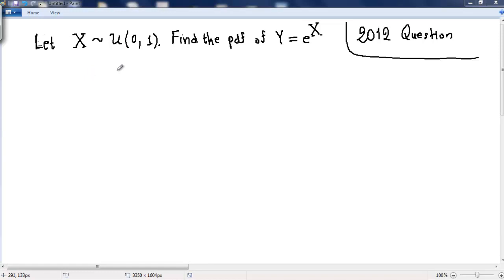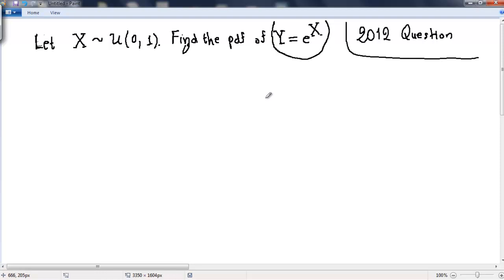What we want here is to find the PDF of y equals e to the x. So we have a new random variable y that's a function of the old variable x. We want to find the probability density function of y.